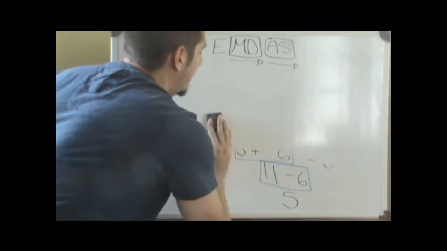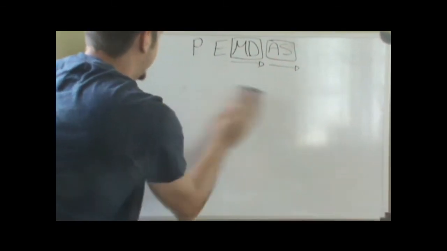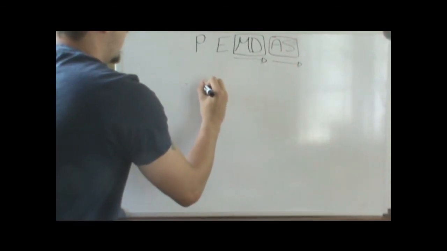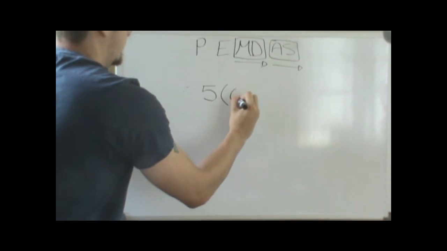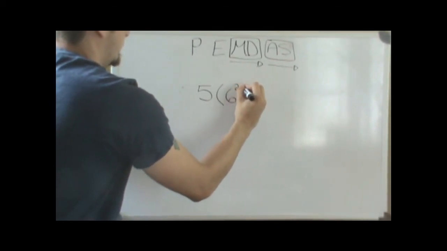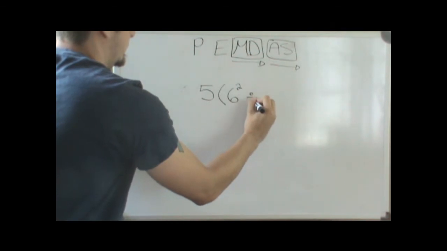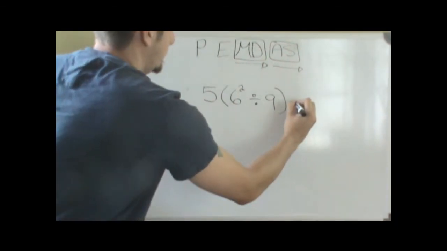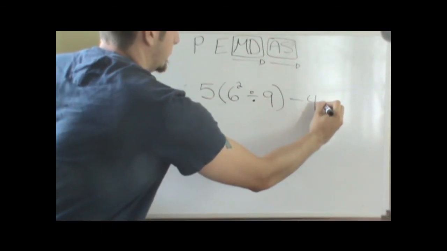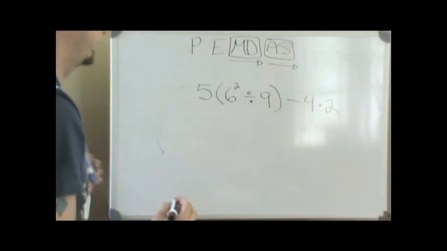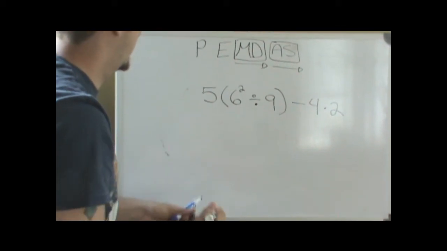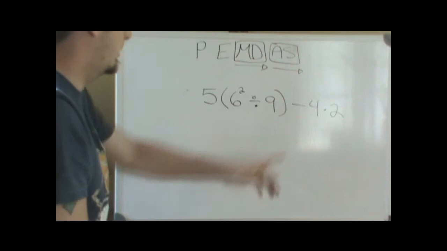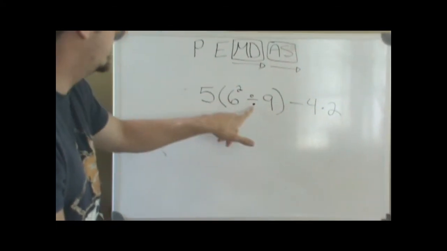We'll add in some parentheses and some exponents. Alright, and in this example, we have some subtraction, some multiplication, division, and exponent.